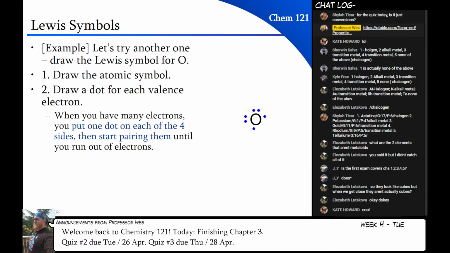Now, does it matter which 2 sides you have them paired on versus unpaired? And the answer is no. So, if I drew this, so 1, 2, 3, 4, 5, say 6, that's fine because I can just rotate it around, right? However, if I did this, it is also okay.